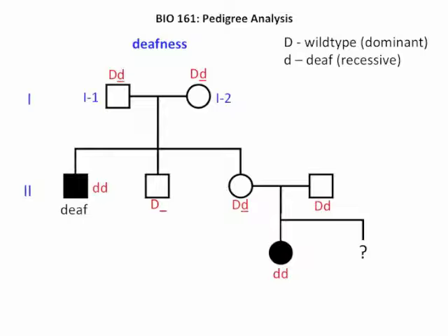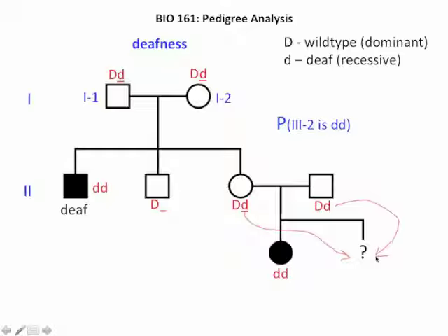So remember that in order for you to calculate the probability of any final event, you need to figure out what individual events have to happen, and then you would multiply them by each other. So in this case, what would have to happen in order for this new child to be deaf is that he or she would have to inherit a little d allele from one parent and a little d allele from the other parent.